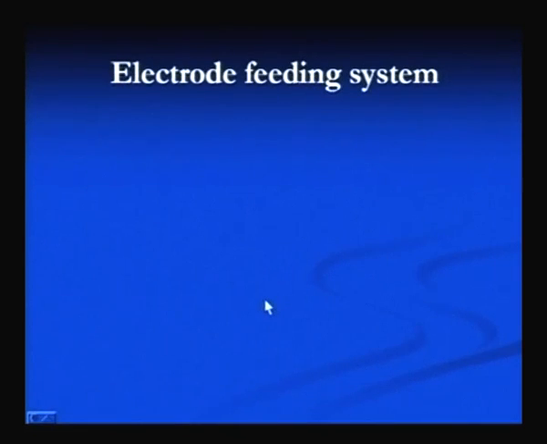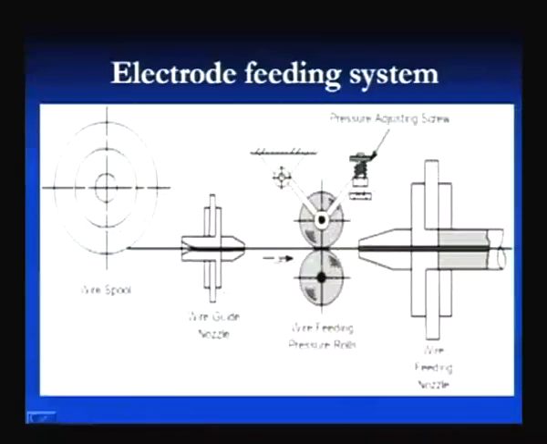The electrode feeding system can be seen schematically in this diagram. Here is a wire spool, which may contain electrode wire of 1 kg, 1.5 kg or 5 kg depending upon the capacity of the spool.